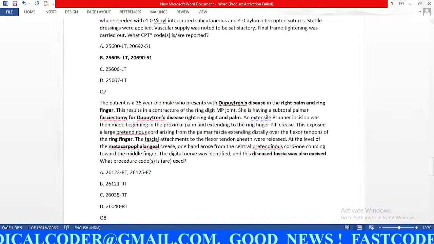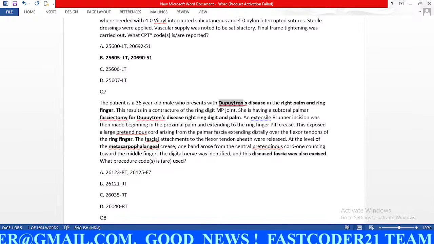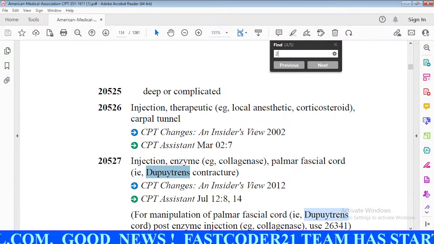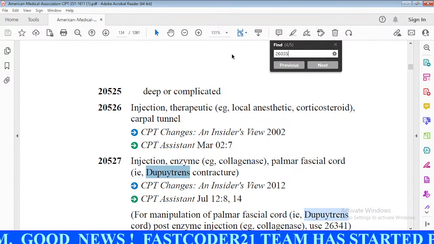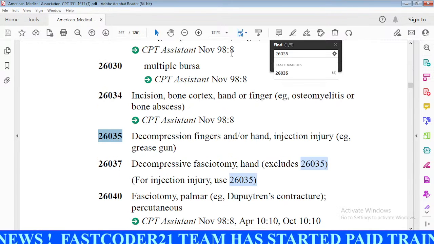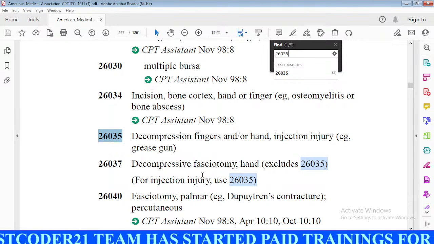So what are our options here? We will check 26035 first. 26035. So decompression, fingers and hand, injection injury. So this is wrong.